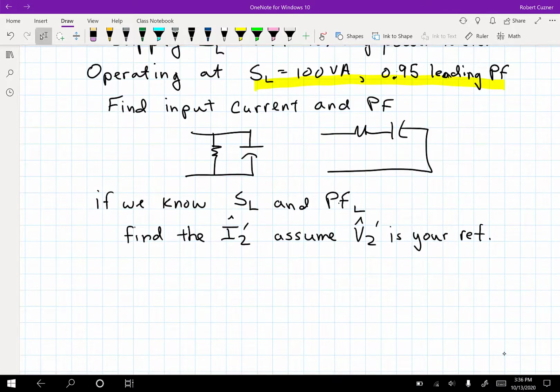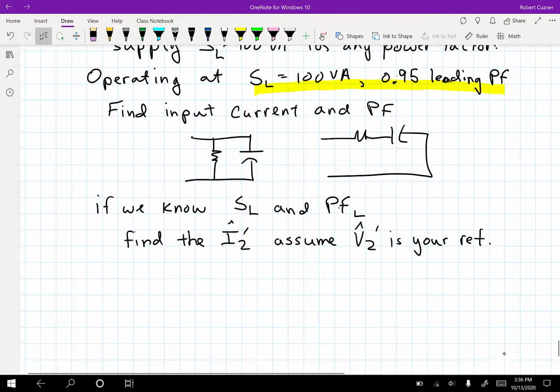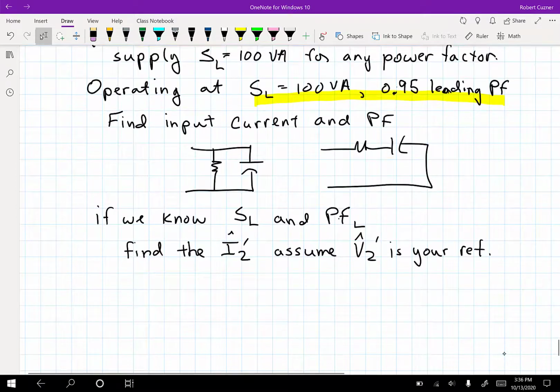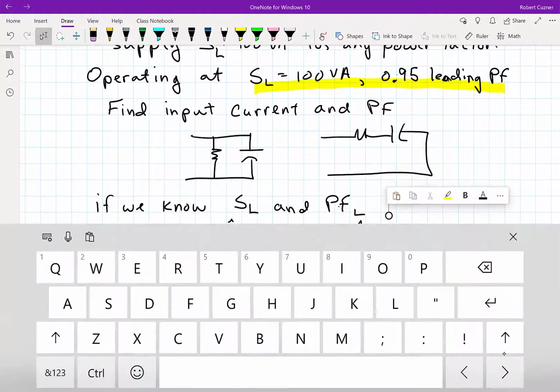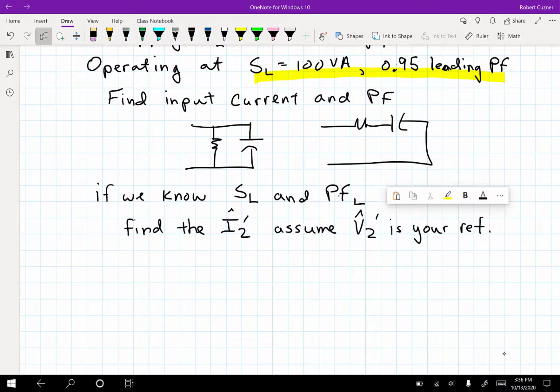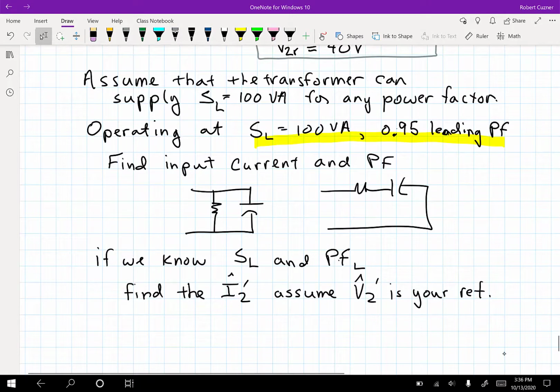What that would mean is, now one other thing is I didn't say the voltage, so we would have to also say that it has a load voltage. So V at the load, let's say that V at the load is our rated voltage of 40 volts RMS.